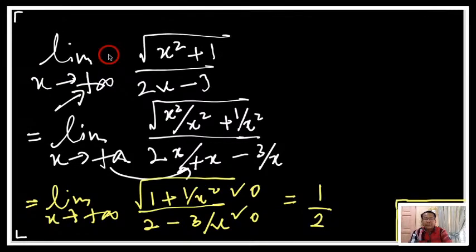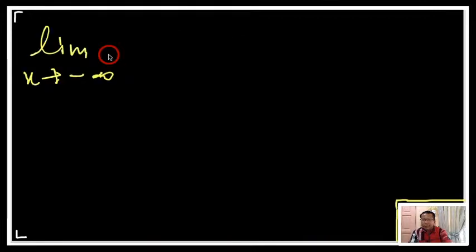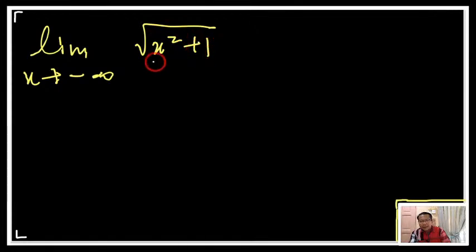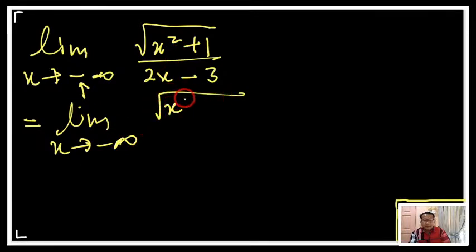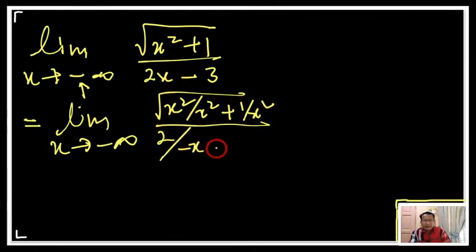Let's have a look if you have x approaches minus infinity. Just now it's x approaches positive infinity, but now minus infinity, for the same square root of (x squared plus 1) over 2x minus 3. The difference is this one. So this one is equal to limit x approaches minus infinity, divided by x squared plus 1 over x squared inside the root, and this one divided by minus x: 2x minus 3 over minus x.